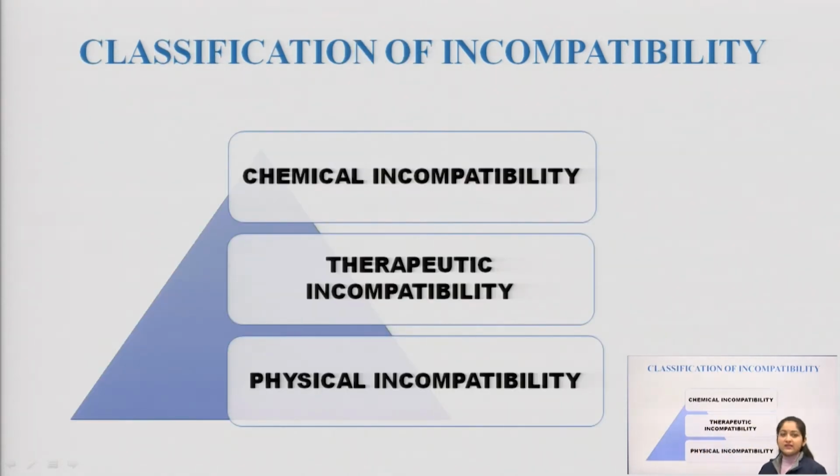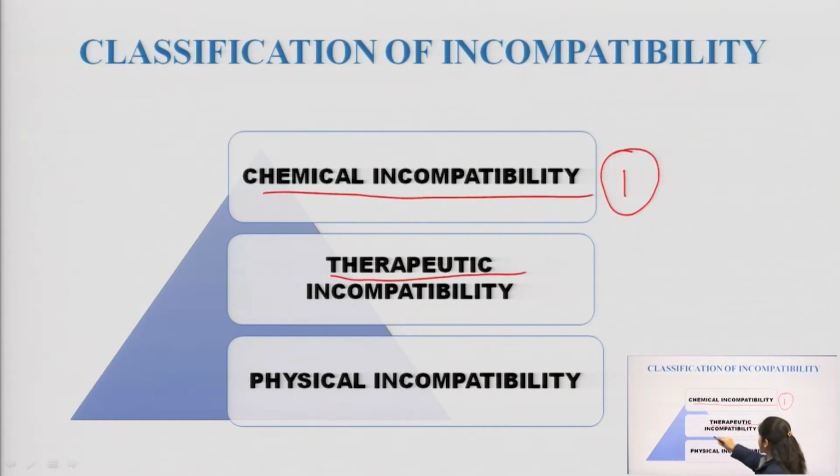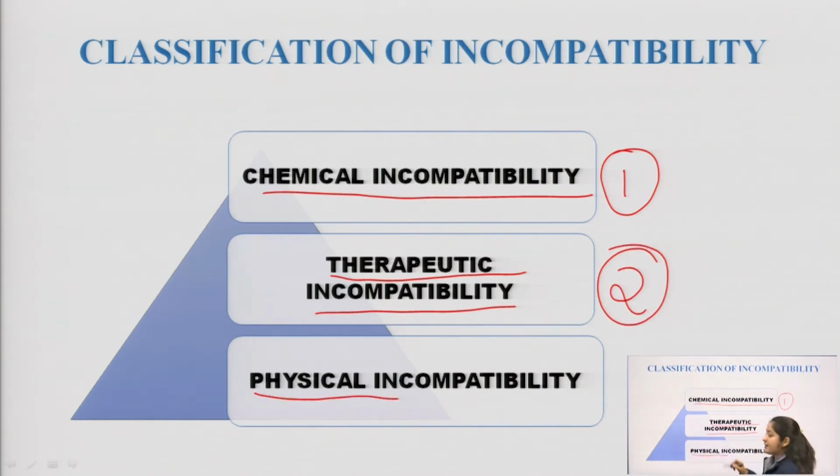As we can clearly see here, this pyramid represents the types of incompatibility that are usually seen in the mixing of undesirable dosage forms. The very first mentioned here is chemical incompatibility. Another is therapeutic incompatibility, and the third important one is physical incompatibility.